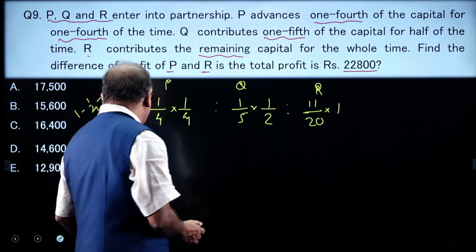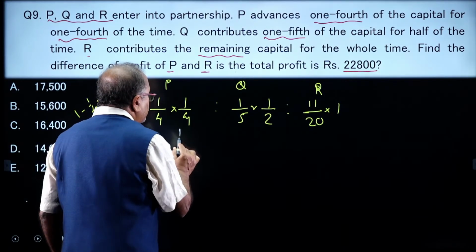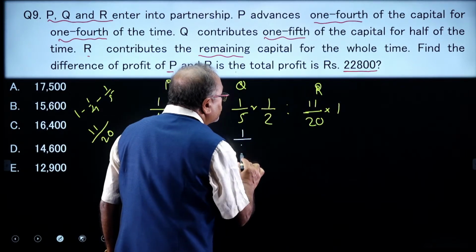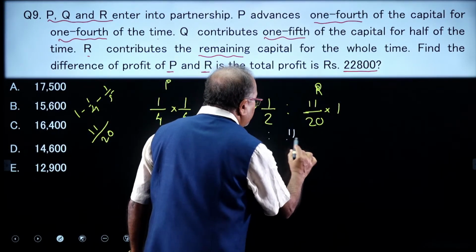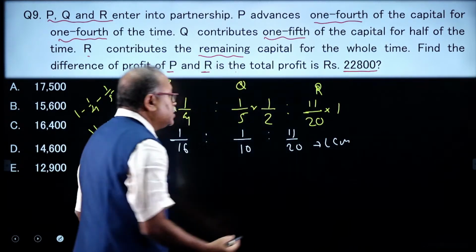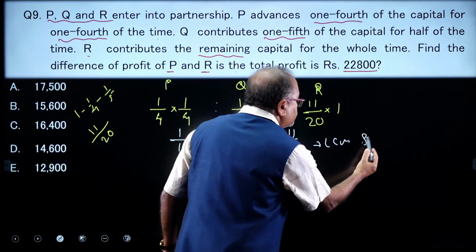Okay, I will complete the calculation over here. Here I notice that this is 1/16 and 1/10 and 11/20. And what is the LCM of all the denominators? The LCM of all the denominators is 80.